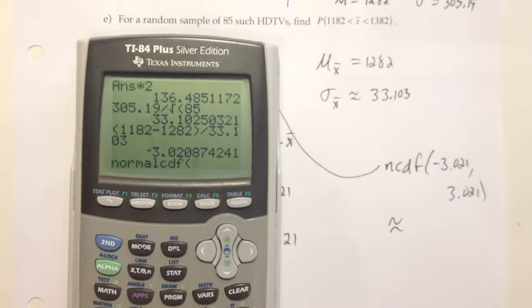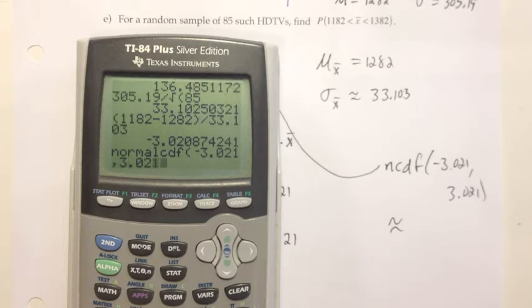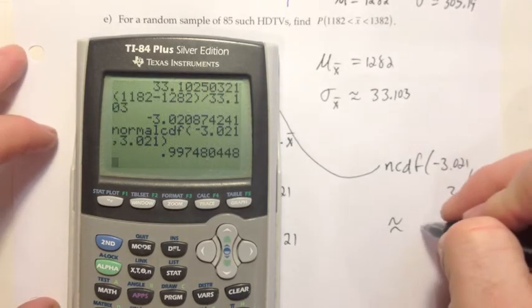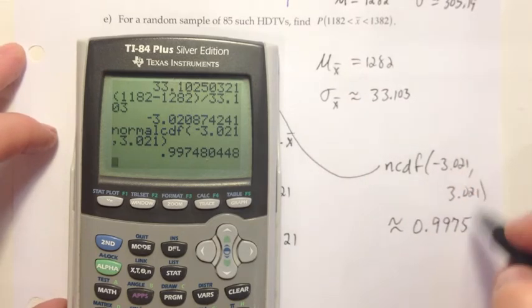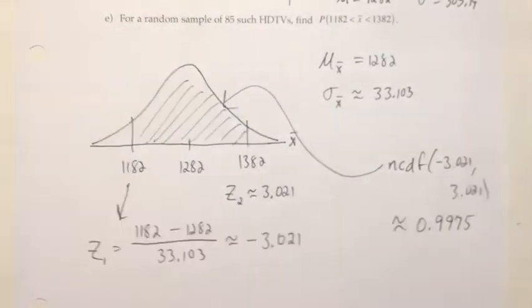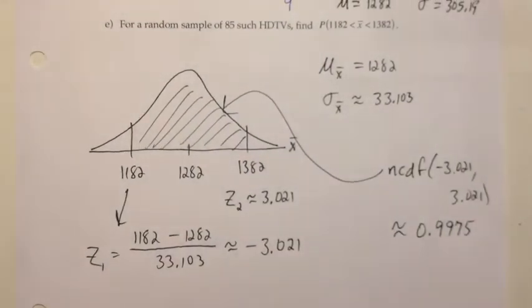Normal CDF from negative 3.021 to positive 3.021, and I get 0.9975. So if everything is done correctly here, then if I took a random sample of size 85, I would have a 99.75% chance of getting paid.